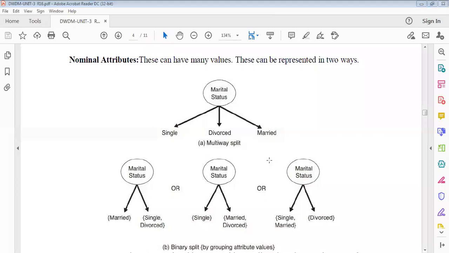Clearly, this shows the binary split for nominal attributes.